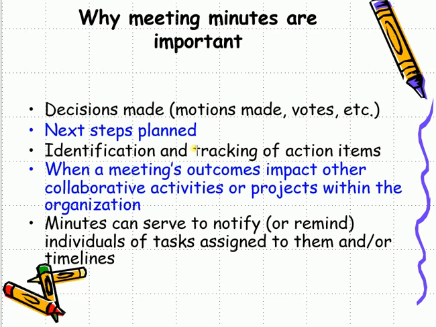So meeting outcomes impact other collaborative activities, and they can serve to notify individuals of tasks assigned to them or timelines. So whatever is decided in the meeting, that is written in the minutes of meeting, and that is recorded so that everybody should know about his responsibility or about the decisions made in the meeting.